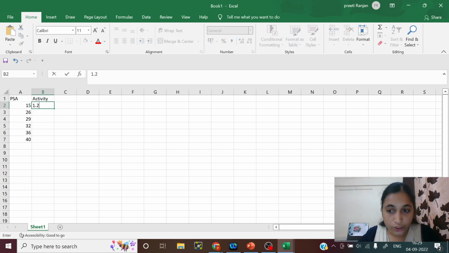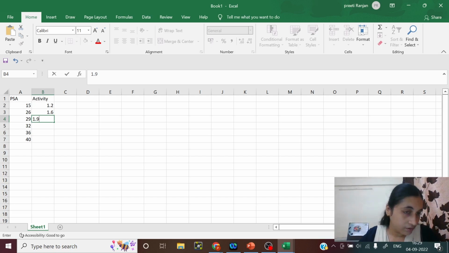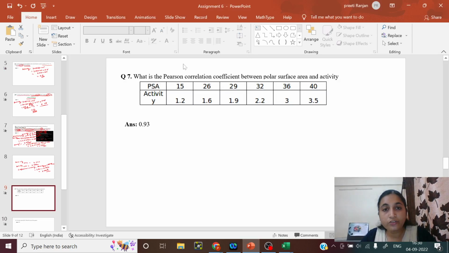Activity is given 1.2, 9, 5, right? And they want us to calculate this Pearson correlation coefficient.